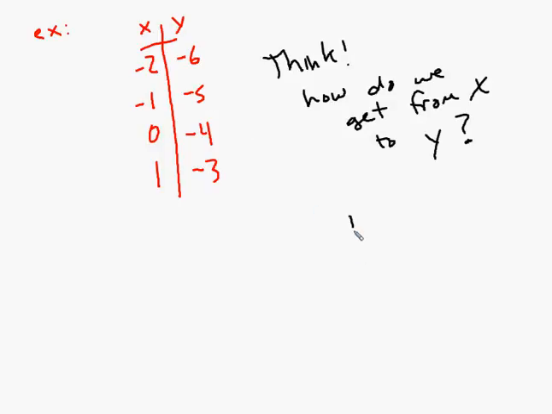So we can add, we can subtract, we can multiply, we can divide, we can square, we can root, etc. Well, not forever, there's a limited number of things we might do here, but these would be typical for you. How can I go from x to y? Do you see a pattern? I mean, it's not enough to say that y is counting down by 1. I need to start at x and get to y.